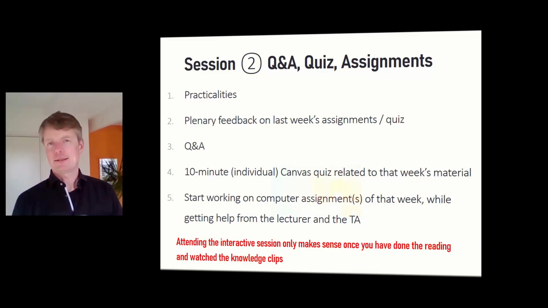So that means that if you do an assignment and you submit it, then obviously the assignment is graded by the TA, by Antonio, but given the number of students, it's more efficient to provide feedback in a plenary session rather than feedback on every single assignment. It also makes sense because what we usually see is that if there are 10 questions, there's always a couple of questions that everybody gets right, and then there are also questions that many students are not so sure about.